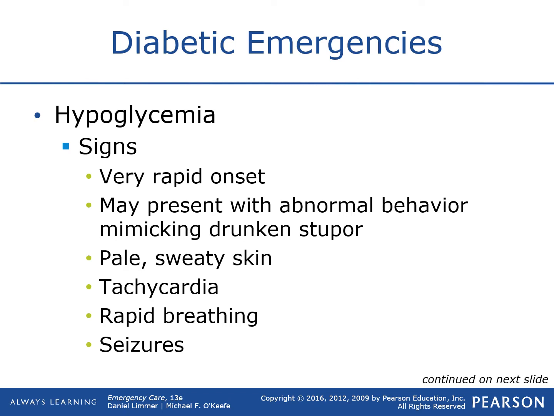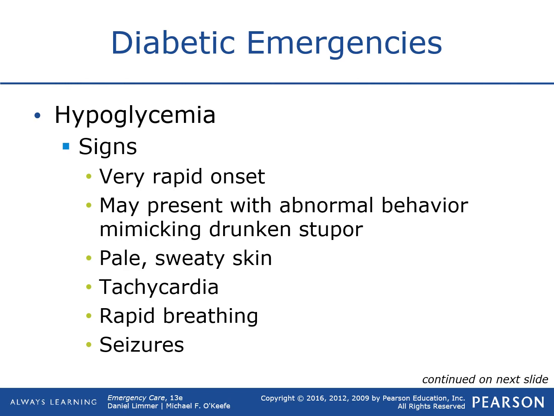So someone who's stumbling around, who's acting erratically, who is slurring their speech. Think of someone who's drunk, and that's oftentimes one of the first signs of hypoglycemia. They might get down to a level of being unconscious because they've gotten that altered, but our first few signs are someone who might look like that.